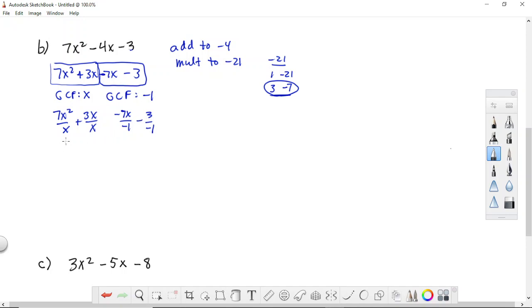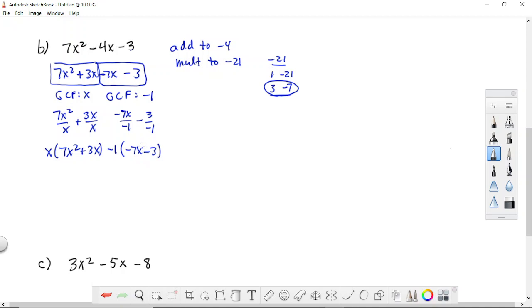Okay, so we factored out this x. We said that's our greatest common factor is x. So we write that on the outside, and on the inside goes the 7x squared plus 3x. And here we factored out the negative 1, and on the inside goes negative 7x minus 3.